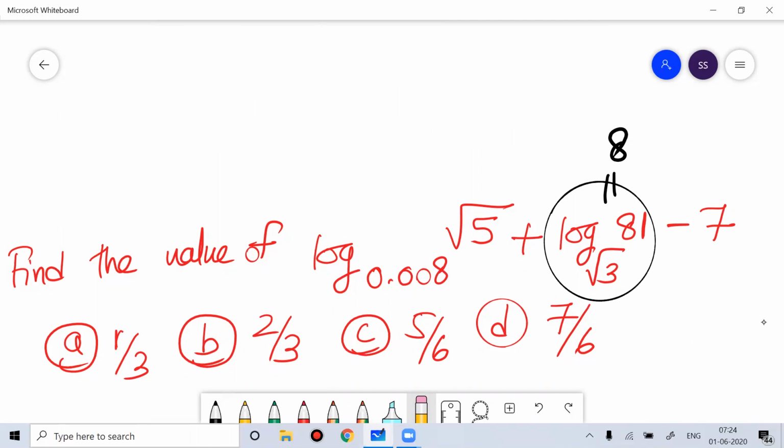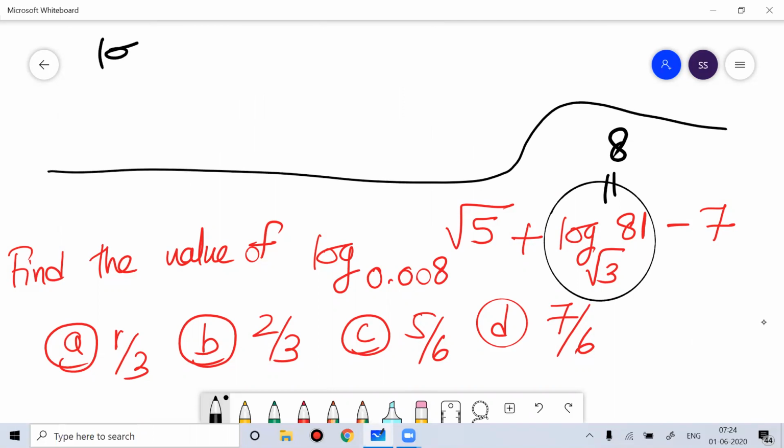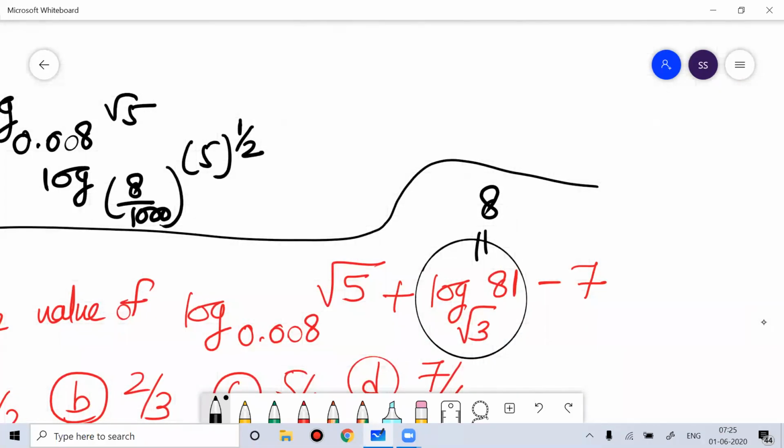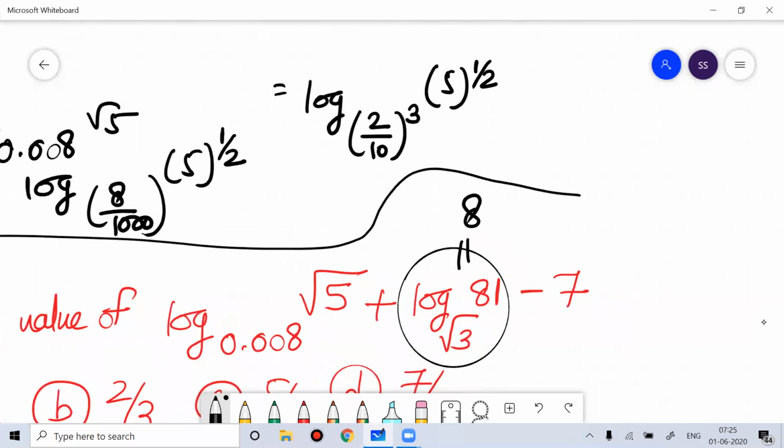Now the next thing is log of 0.008 root 5. So 0.008 is what? That is 8 by 1000, that is your argument, and the base is root 5. Root 5 is 5 to the power 1 by 2. So you can write this as log of 2 by 10 a whole cube to the base 5 to the power 1 by 2.